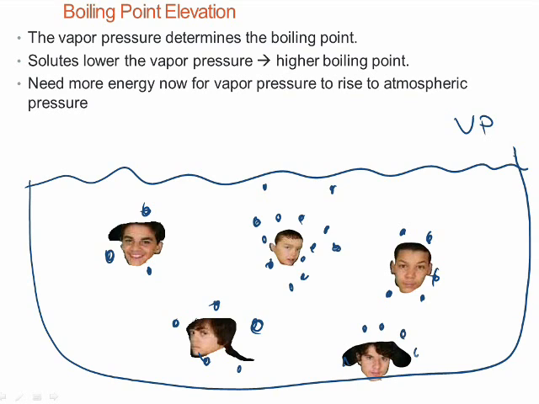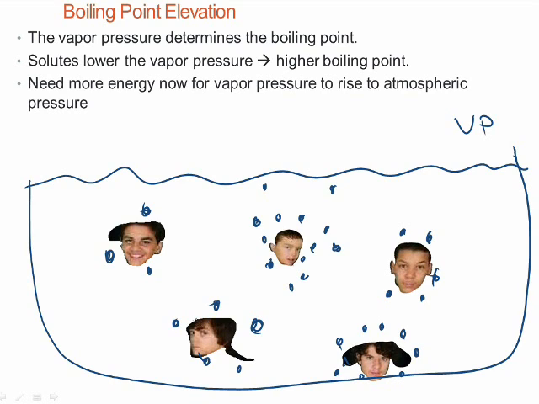All of the solvent, which is the students, are being distracted or attracted or blocked by the solute, which are the Heartbeat Boys. The vapor pressure is much lower. Look at this, barely any vapor pressure. So that means we're going to need a lot more energy to get you guys out.